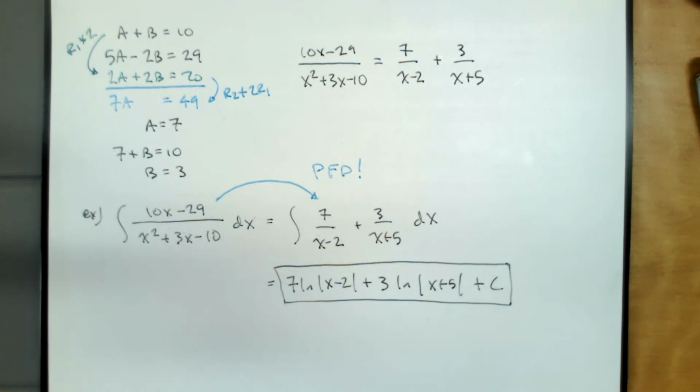So the idea is we're going to rewrite our starting rational function as a sum. But we want a specific sum, a sum where the terms are going to be easy to integrate.